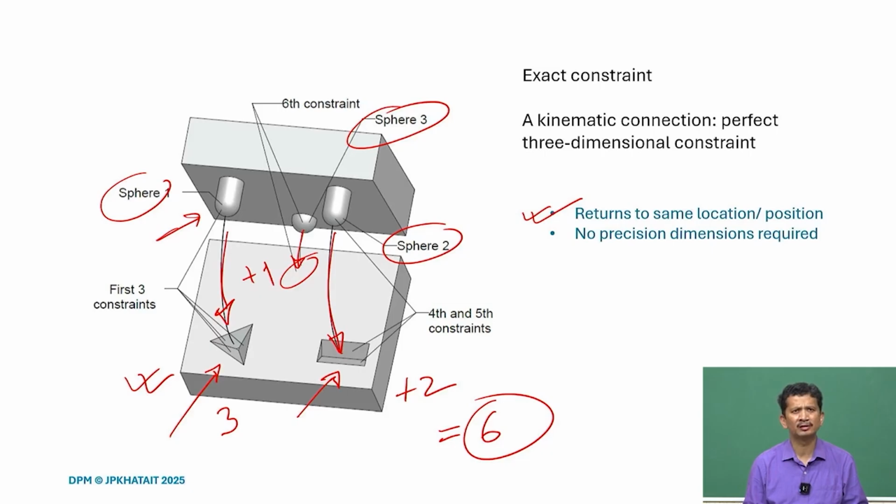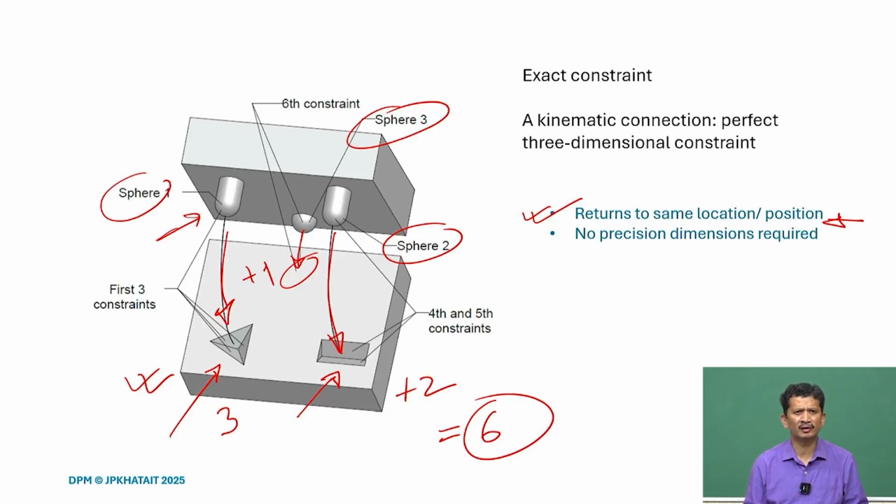No matter what, whenever they come in contact in this way, it will be precisely defined and always go to the same location, and that is how it is possible to achieve very good repeatability in this case. Of course, the accuracy we still have to see if there is any deviation, but the repeatability will be ensured even if the parts are not precisely made.